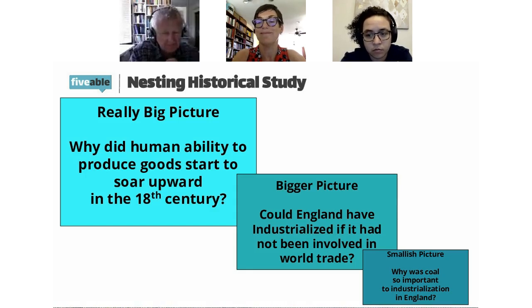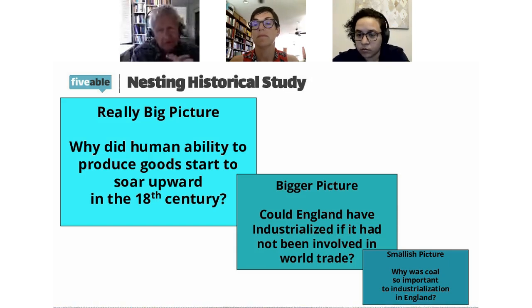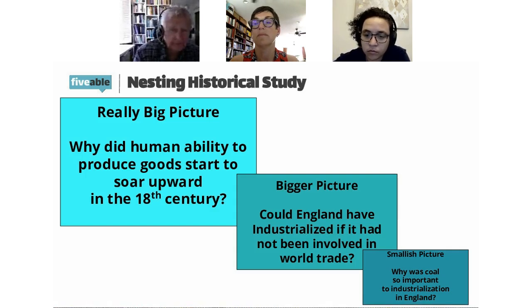Looking down at these three boxes here, start with the one down at the lower right-hand corner. Bob Bain, whose name I'm sure some of you know, has been using this term called nesting historical study. And that is to put smaller scales of inquiry into larger boxes, if you will, to bigger questions, and then put those bigger questions possibly into even larger questions.